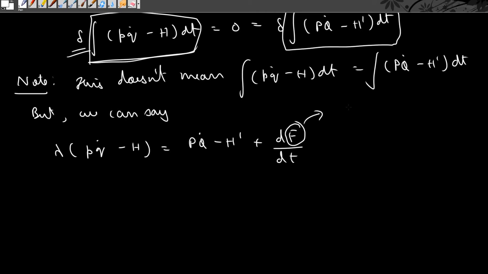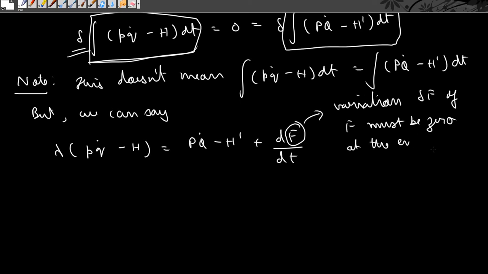So the variation delta F of F must be 0 at the endpoints. Only then will it vanish.